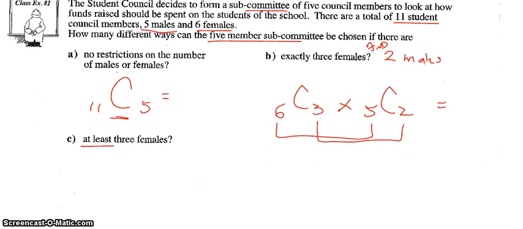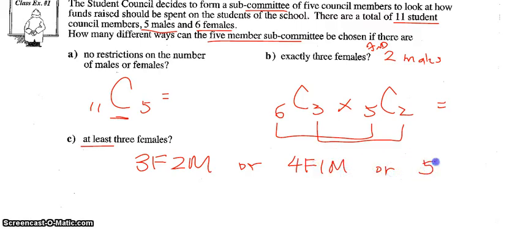So here we go. You could have 3 females and 2 males, right? Or you can have 4 females, which implies there's 1 male. Or you can have the entire committee composed of females, so 5 females. Whenever you say or, you add the answers. For each one, we know how to find the answer.